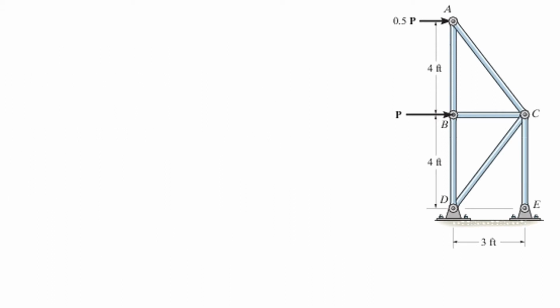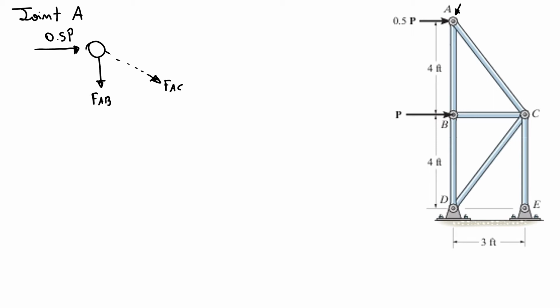Now I'm gonna start with A. Why? Because I think it's easier. So starting with joint A, here I have 0.5P. Here I have our force AB. And here, at an angle, I have a force AC.